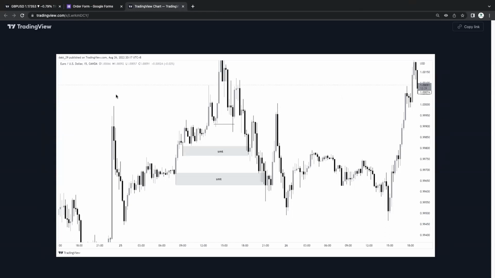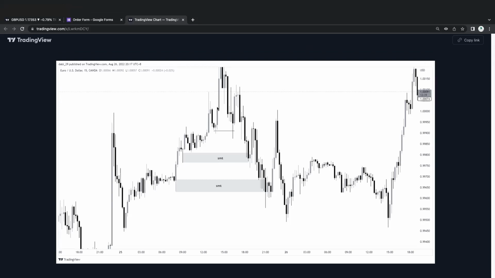SMT is here. I think this one is not SMC yet. SMT means without inducement or without liquidity, if you are buying and selling. In this case, what happened here? The market broke this high, which one is a high, and this order block is your SMT, because there is no inducement.